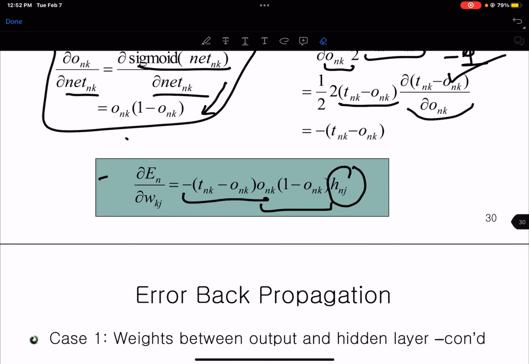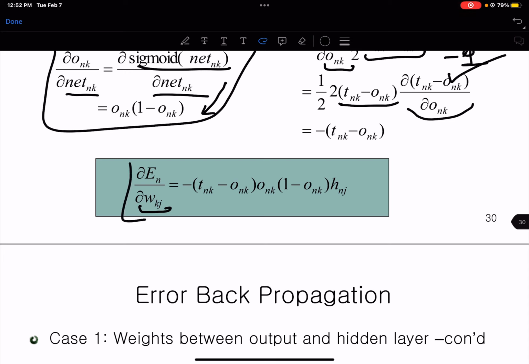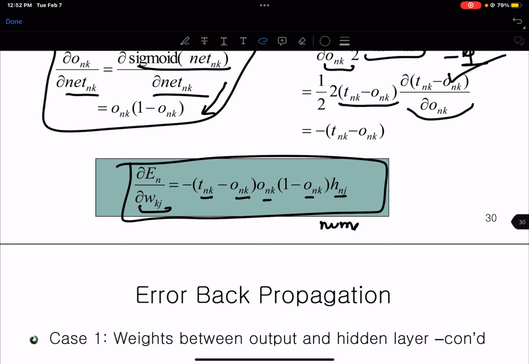So the error function with respect to a specific weight value is defined in this format. t is a numerical value, o is a numerical value. All these values are basically numerical values.